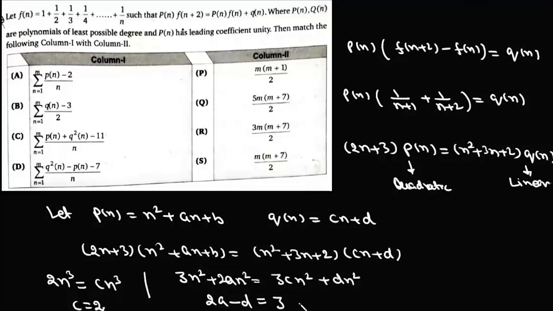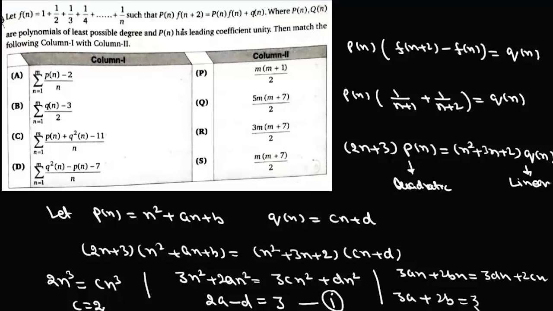So that's our first equation. Now we compare the coefficient of n, we can write 3an plus 2bn, and it will be equal to 3dn plus 2cn. Now again we put the value of c as 2, so we can write 3a plus 2b equals 3d plus 4.